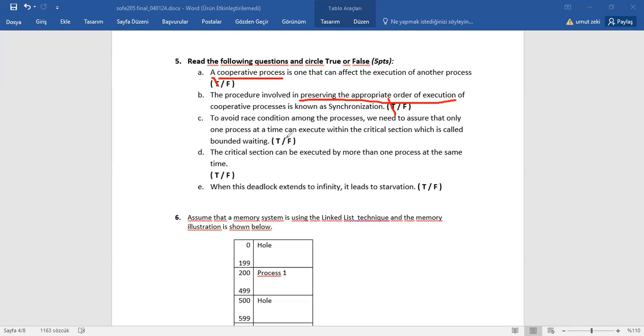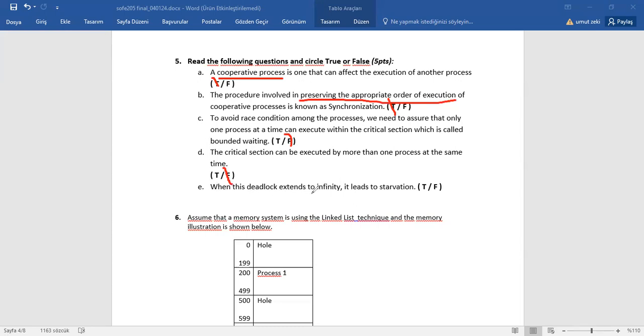It is false. By the way, I didn't bring the answer sheet with me. That's why. By the way, I'm not going to ask true false, but it is not bounded waiting. The critical section can be executed by more than one process at the same time. No, because it should be executed by only one process. So this is false again.